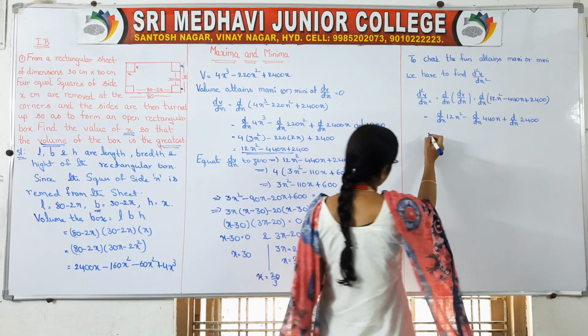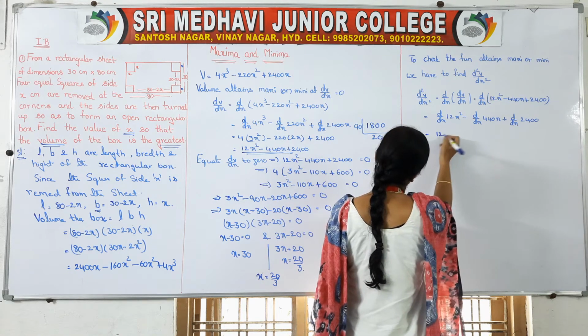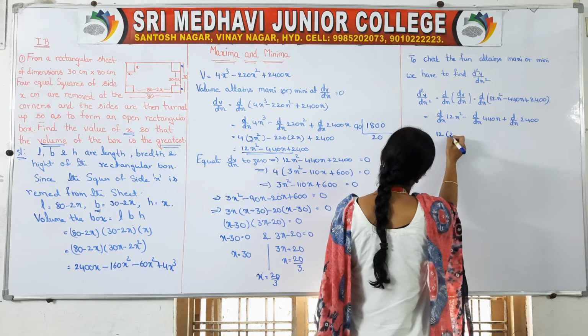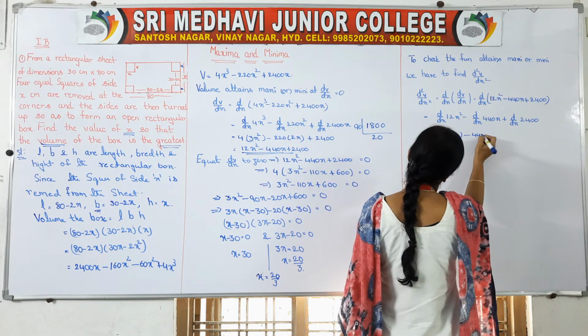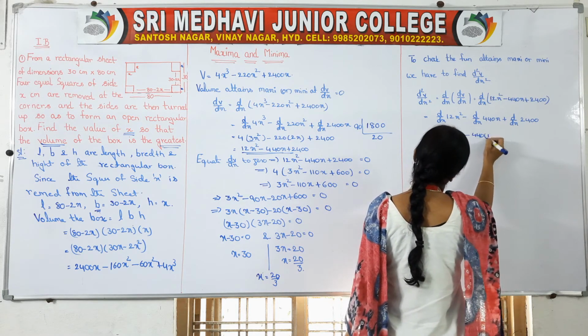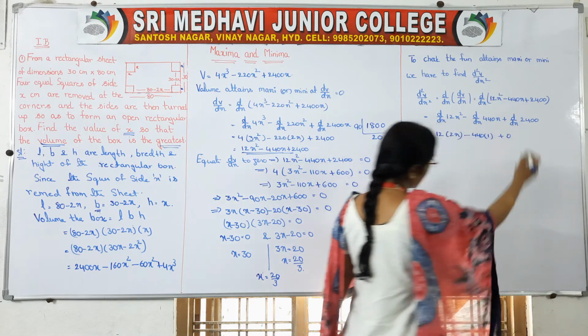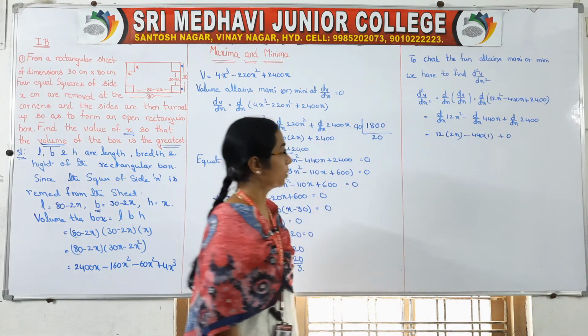So it is equal to 12 times d by dx of x square, which is 2x, minus 440 times d by dx of x, which is 1, plus d by dx of a number, which is 0.